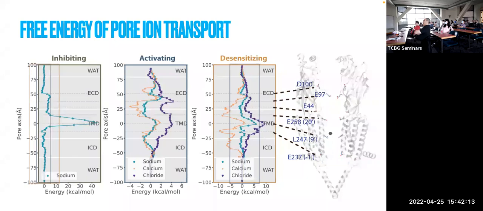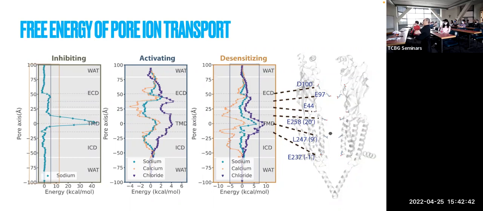In the activating state, for all these three different ions, it's likely this is a channel that's binding calcium, but it's mostly calcium and sodium around here. For both sodium and calcium, we have low free energy barriers of at most 2 kcal or so, which is fairly impressive, given a 1 angstrom difference in radius. But then in the desensitized state, this jumps up to 5, 6, almost 10 kcal.